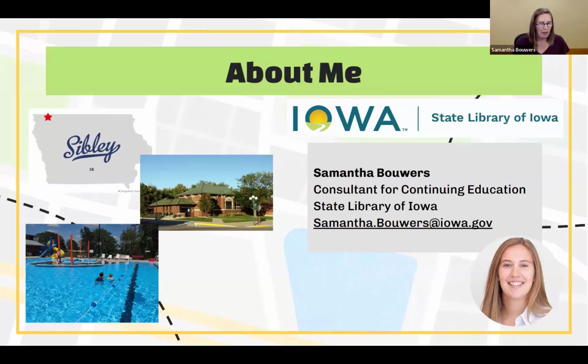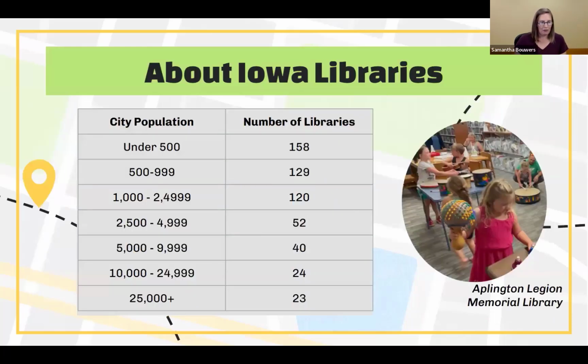Good deal. I mentioned that if you were on this call, there was a very good chance you were from a small and rural library. The Institute of Museum and Library Services defines a small library as one that serves a population of less than 25,000 people, which, if you do the math, is 96% of Iowa libraries. That is a really substantial number.